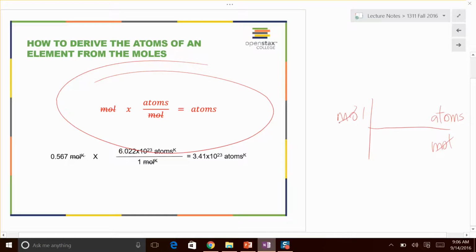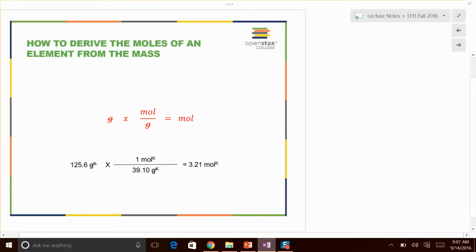That's the dimensional analysis. It's good to do that first, and then you can put your numbers in. What am I starting with? 0.567. My conversion factor, atoms, is 6.022 times 10 to the 23rd, and the moles are always 1. And so now I can convert there.